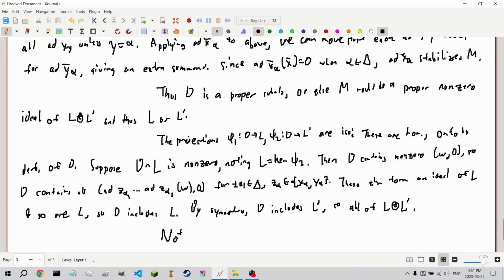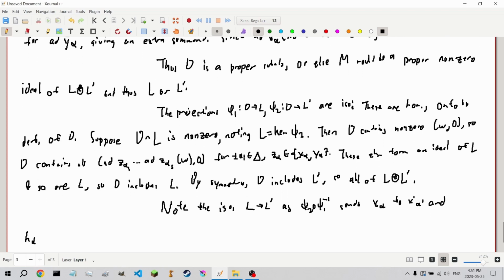Now, observe that the isomorphism of L onto L prime, which would be phi2 of C2 C1 inverse, sends X alpha to X prime alpha prime and sends H alpha to H prime alpha prime. So it coincides with pi on H. And we're finally done.